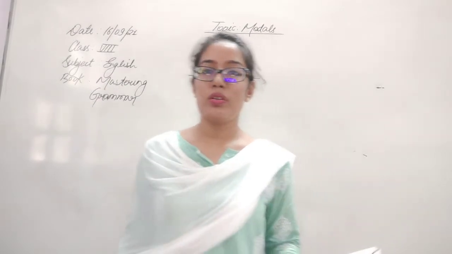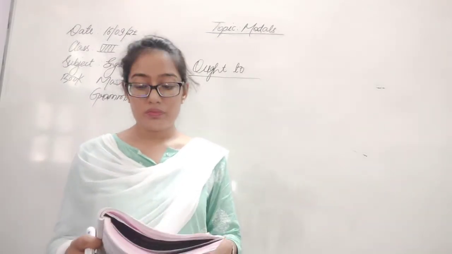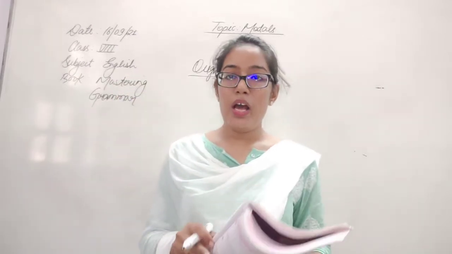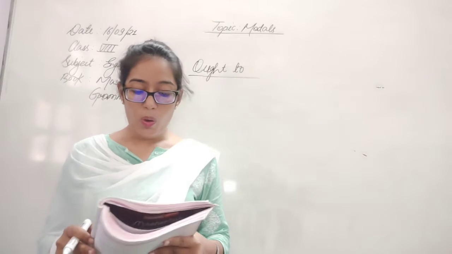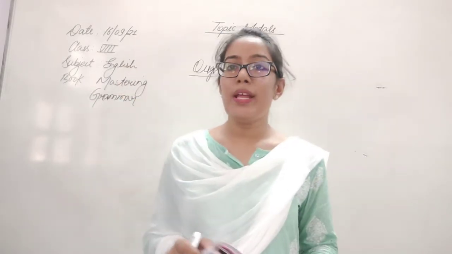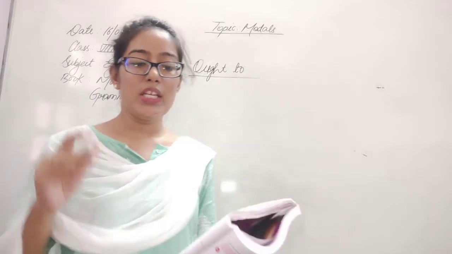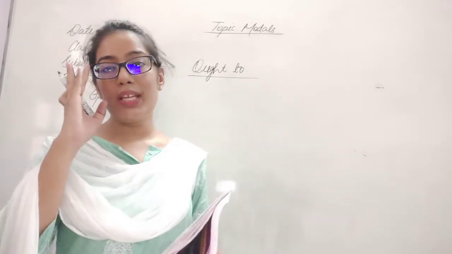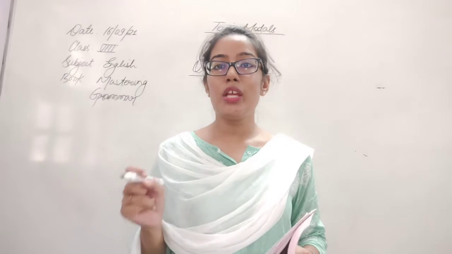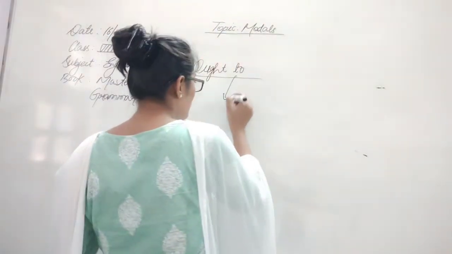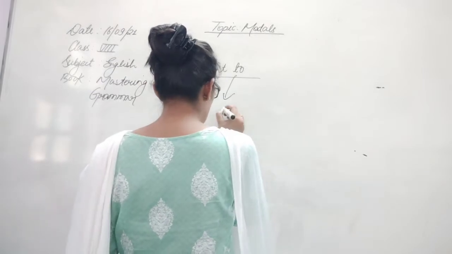Ought to is used with what? To do the right thing, because it is our responsibility and our moral duty. You ought to look after your grandparents. So it is your responsibility, it is your moral duty that you should take care of your grandparents. Ought to is used to represent what?